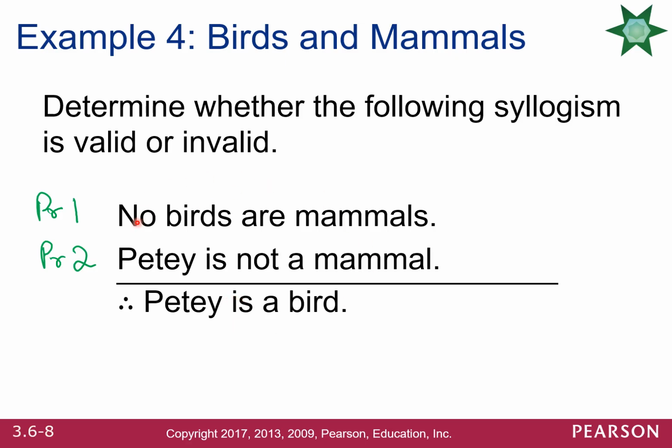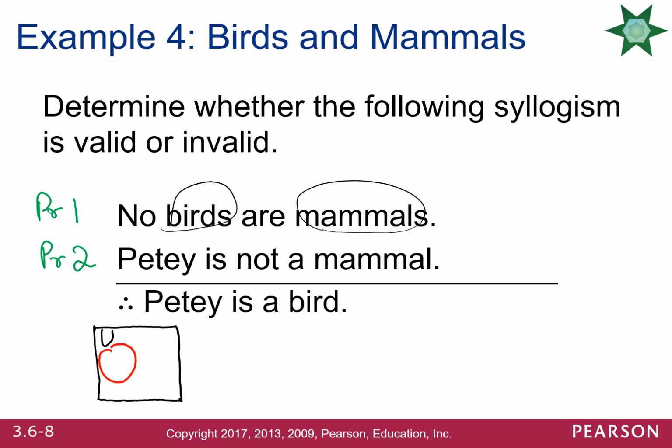So when they say no birds are mammals, how would the picture of that look? Here we have our square of the universe, and within it we will have two sets. One is for the mammals and the other one for the birds, correct? So let's draw the circle for mammals, and let me mark this as M for mammals.